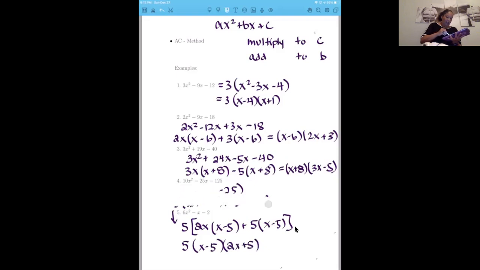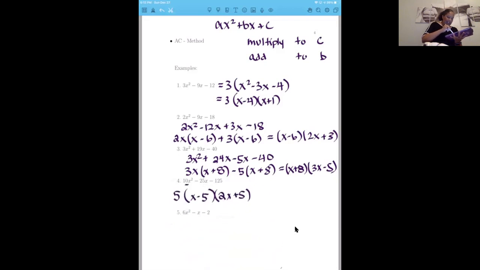All right, and our very last one, number 5. I have a 6 times 2, which is a negative 12. I need two numbers to multiply to be negative 12 and add to be negative 1. So that's going to be a negative 4 and a positive 3.